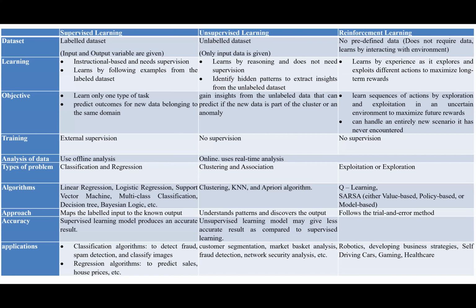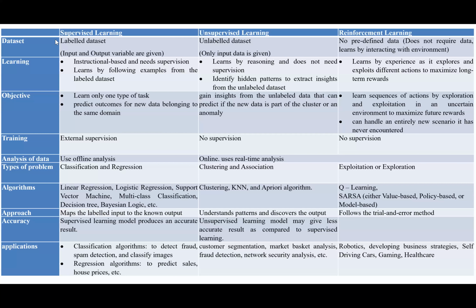On the left side, you can see in the blue column, the different parameters with respect to which all these learning techniques differ from each other. These parameters are data set, learning type, how it learns, objective, training, analysis of data, type of problem, algorithms, approach, accuracy, and applications.